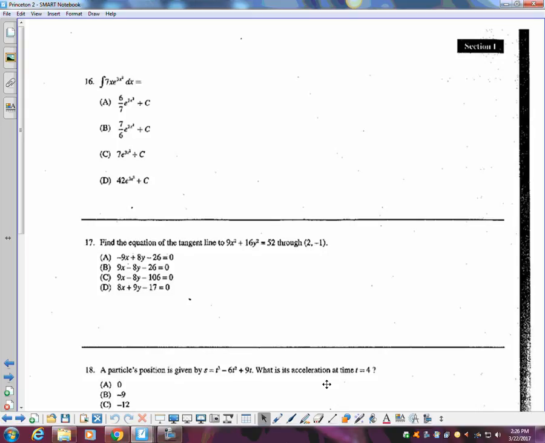I'll let my U have the meat on it. So I'm going to let my U be the power. Is that 3x squared? So then my U prime is 6x.